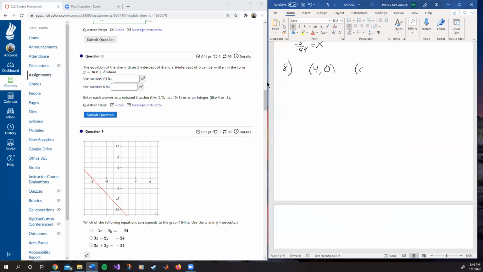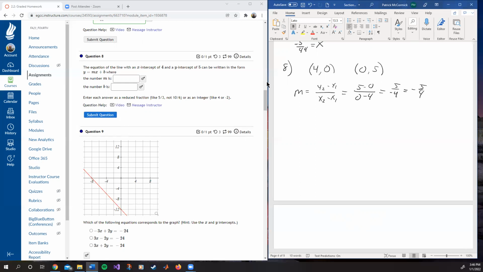Y-intercept of 5 is (0, 5). So there are my 2 points. The slope between 2 points is the change in y over the change in x. So y2 minus y1 over x2 minus x1. So 5 minus 0 over 0 minus 4. So -5/4. So that's our slope.